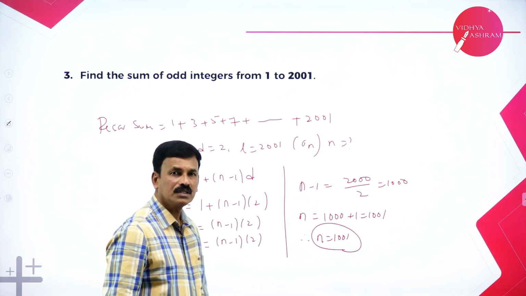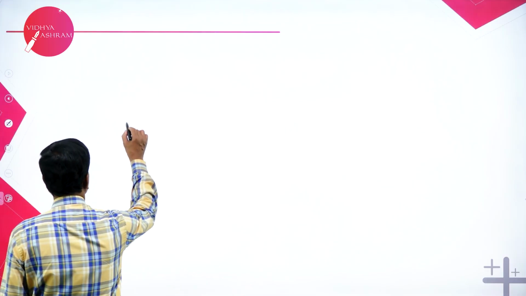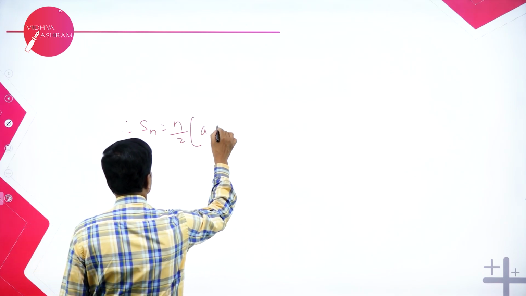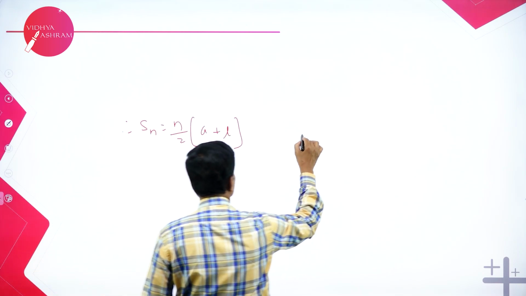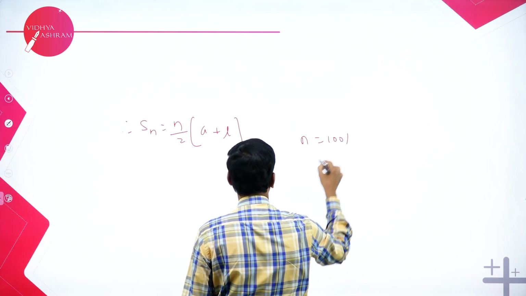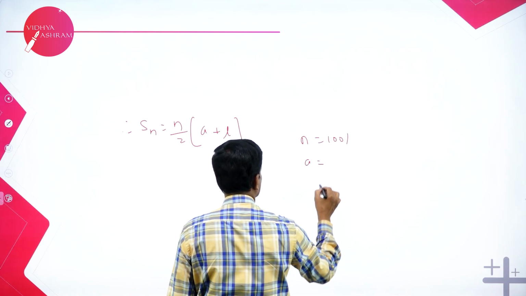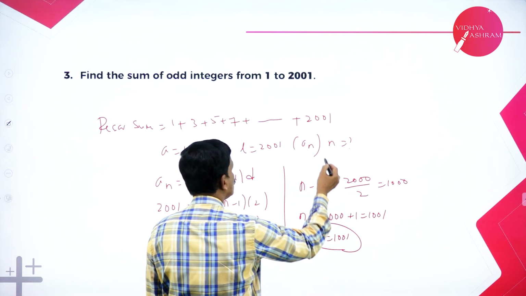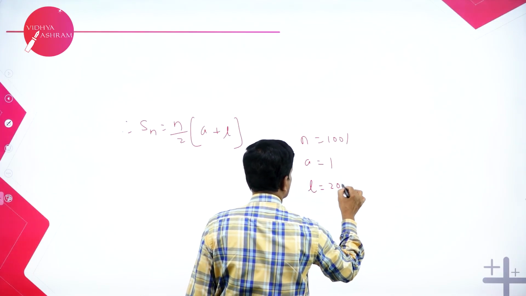Now the required sum Sn, what is the formula? n by 2 into a plus l. You know n is 1001, the first term a is 1, and the last term l is equal to 2001. Substitute here.